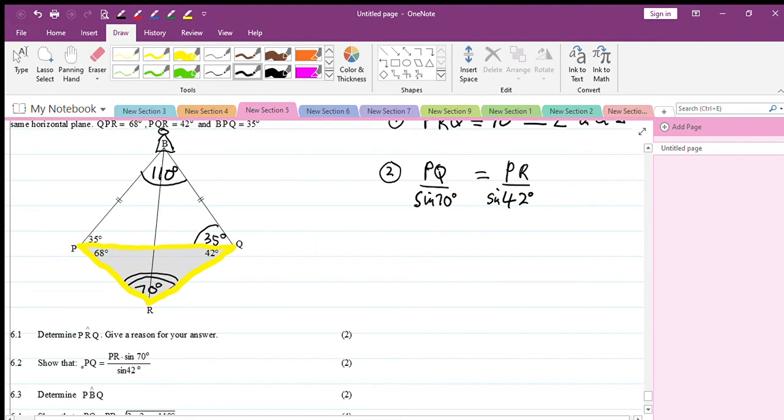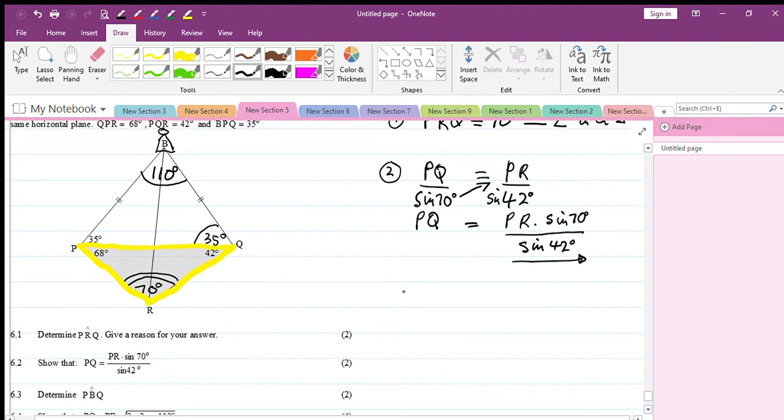And the next thing is to solve for PQ, cross multiply there, then our answer is PQ is PR multiplied by sine 70 over sine 42 degrees. And we have shown that PQ is equal to PR times sine 70 over sine 42 degrees.